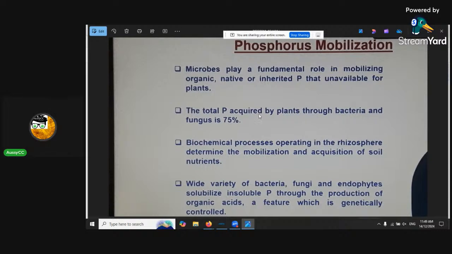Total phosphorus acquired by plants through bacteria and fungus is 75%. That's a lot. Biochemical processes operating in the rhizosphere determine the mobilization and acquisition of soil nutrients.